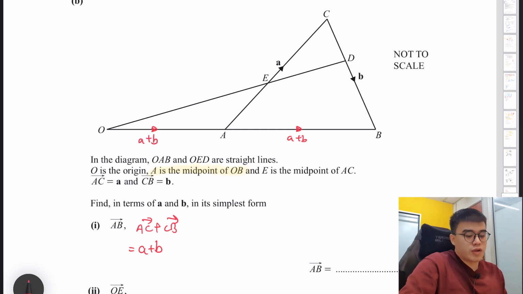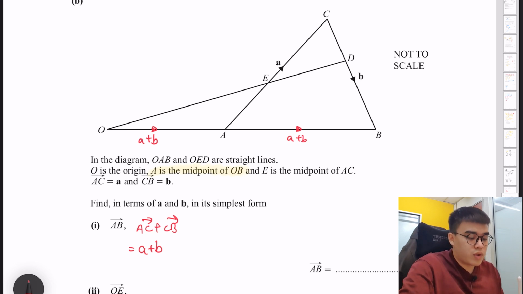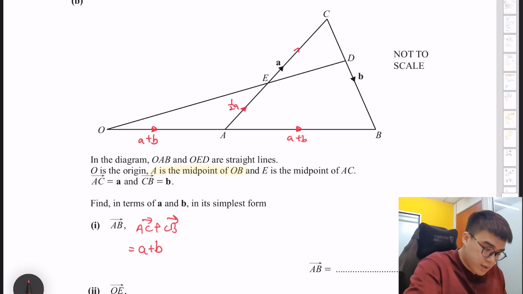So with these two pieces of information, now they wanted us to find OE. E is actually the midpoint of AC, which means OA here is actually half a, then the other side will be half a.